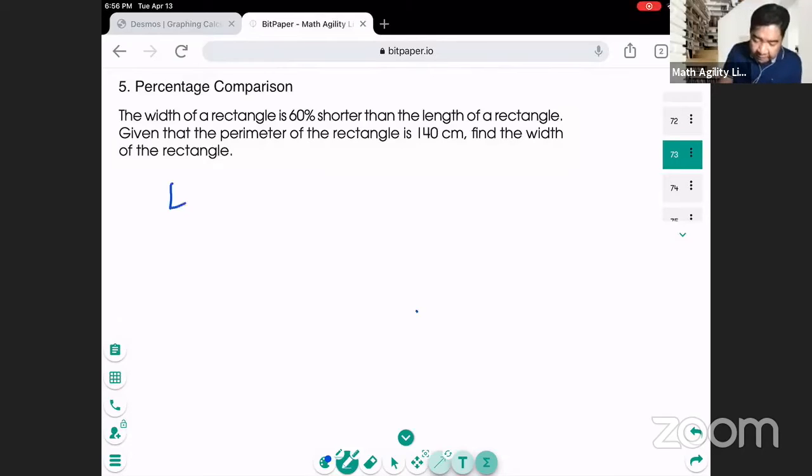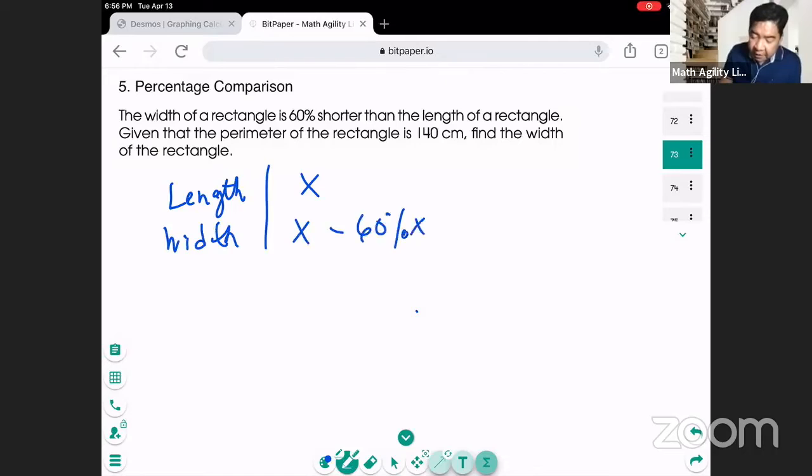So length is x, and then the width is x minus 60%, right? Because it says they're shorter by 60%. So this would become 40% of x, or 0.4x in decimal form, right?